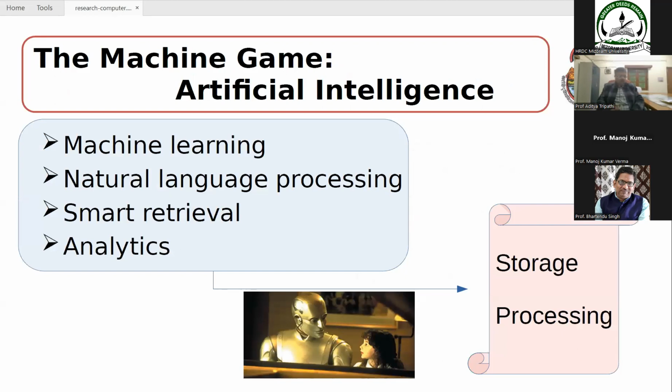Now, mostly when I am talking with you about research and education, I have to speak mostly on the use of machines, the services which can be offered by machines. So it is all about the machine game which I am going to discuss with you.